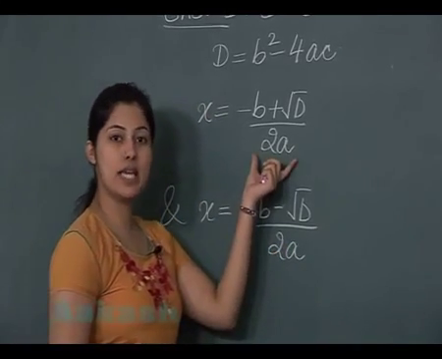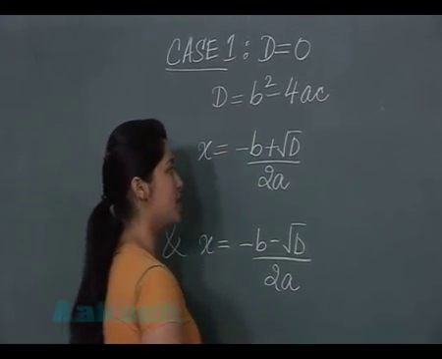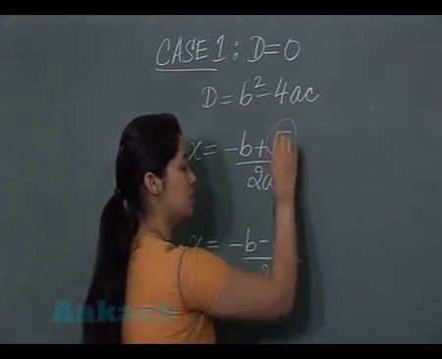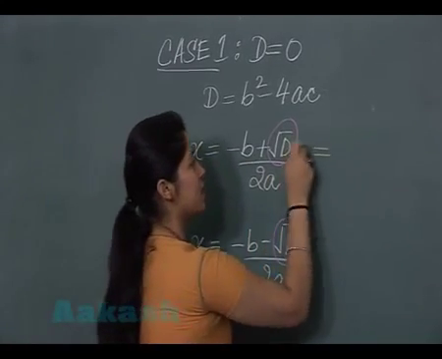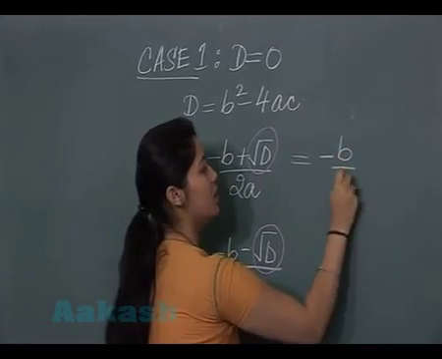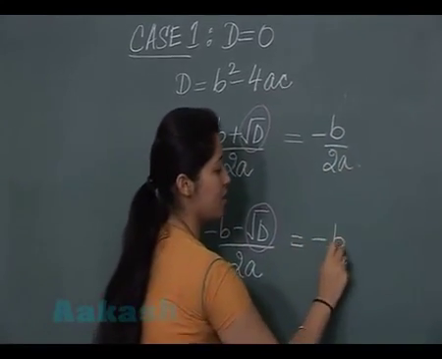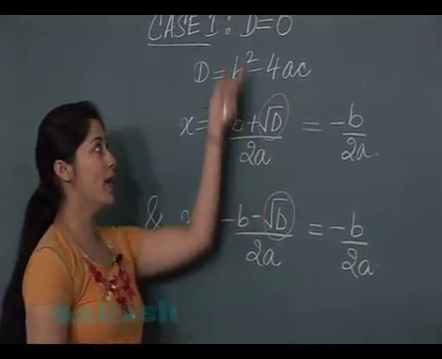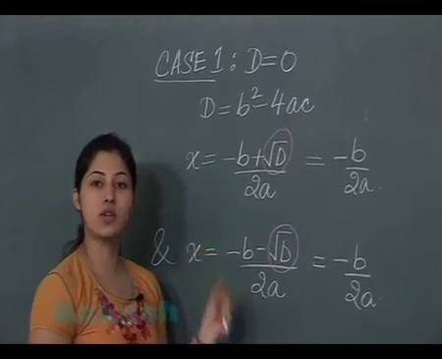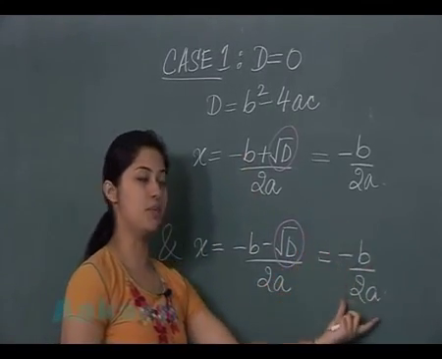Now here we are taking the case when D is 0, that means this is equal to 0. That means we will get minus b upon 2a, and the second root will again be minus b by 2a. That means whenever the discriminant is 0, both the roots become minus b upon 2a.